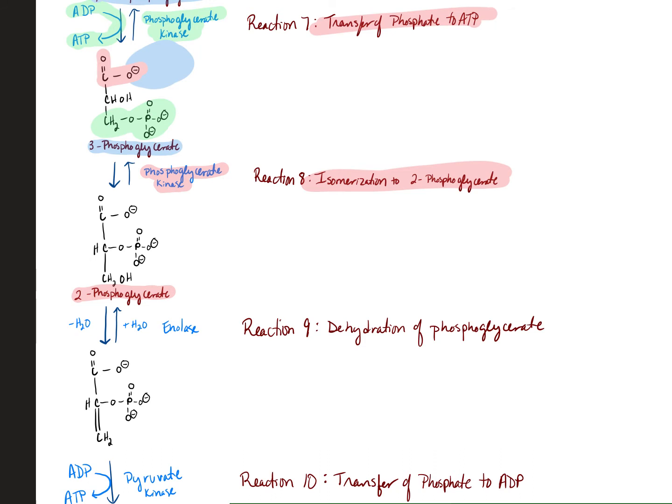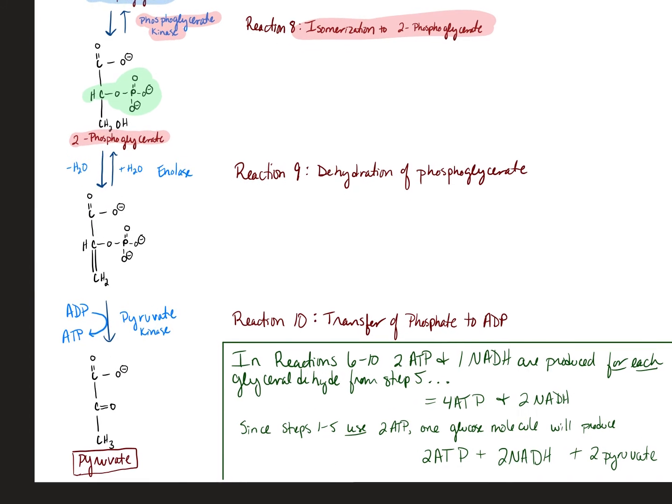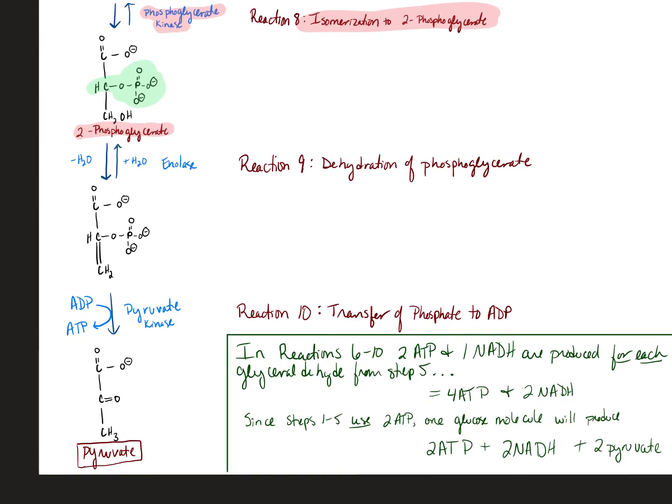See how down here, that's on the last carbon? Right here, that's on the second carbon. So we changed where things were located again using that isomerization reaction. Okay, so now we have a phosphate on that second carbon.